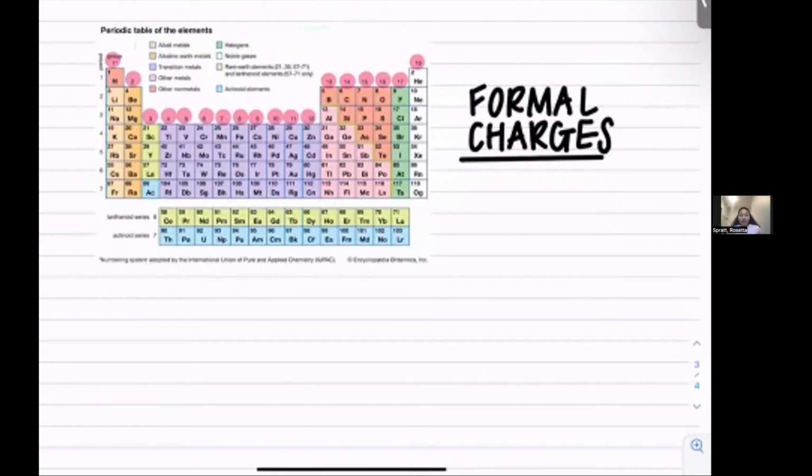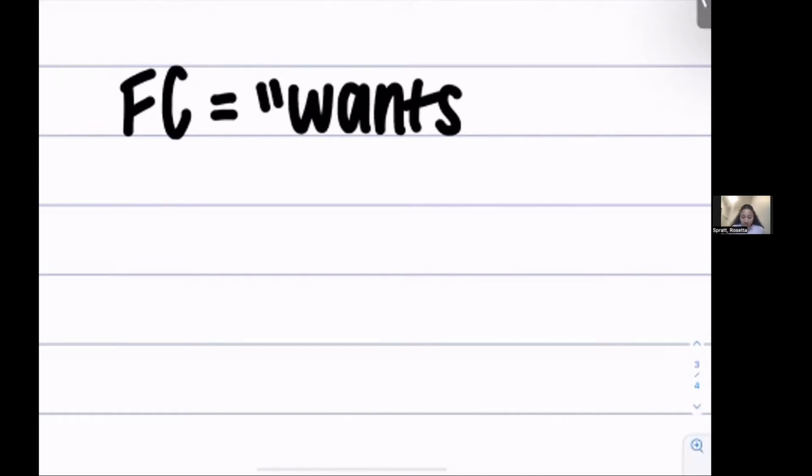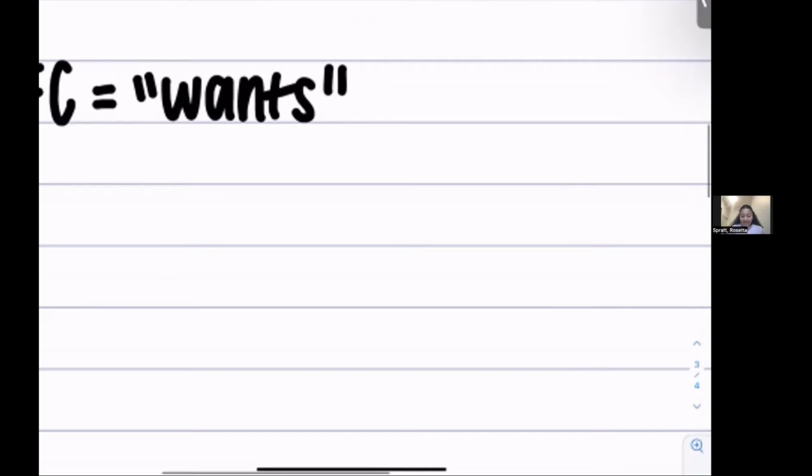So let's actually talk about the formal charge calculation formula that I have that makes this really easy. My formula is formal charge, and I'm just going to write FC equals what the element wants, so I'm going to write wants, minus what it actually has. So how many valence electrons it actually has.